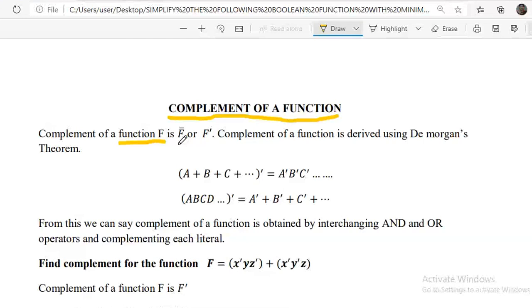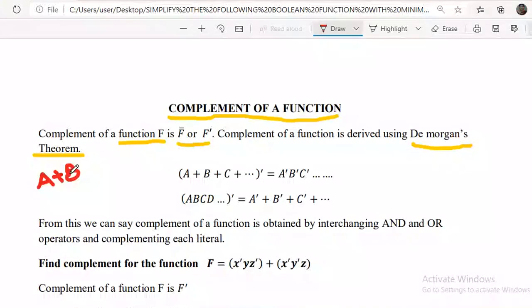You have two simple formulas in De Morgan's. What I have given here is that you can take complement for as many variables as you like. You might have studied De Morgan's theorem like this: a plus b the whole bar. This is your first formula.